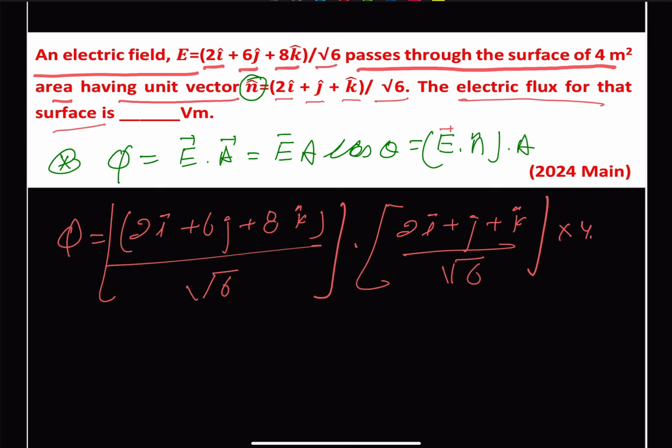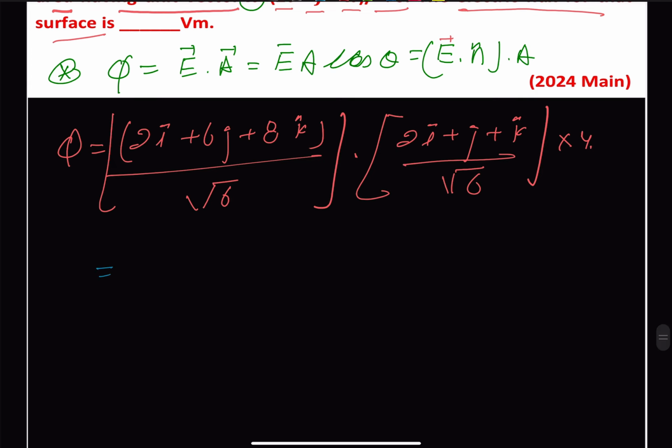So we can just find out the dot product: 2i into i, j into j and k into k. So we get 2 into 2, which is 4, plus 6 into 1, 6, plus 8 into 1 is 8.